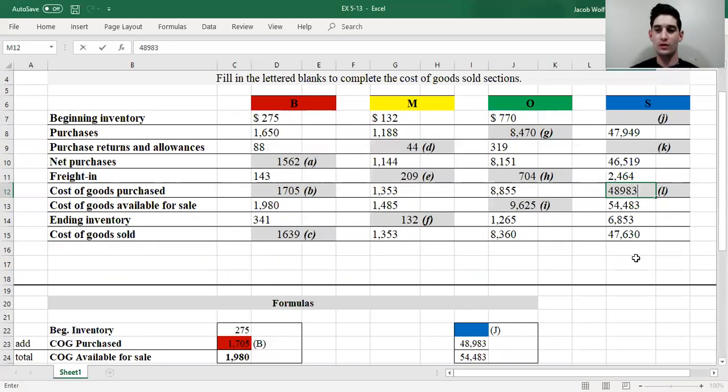And now we have one more value to be able to solve beginning inventory. Let's try that again.